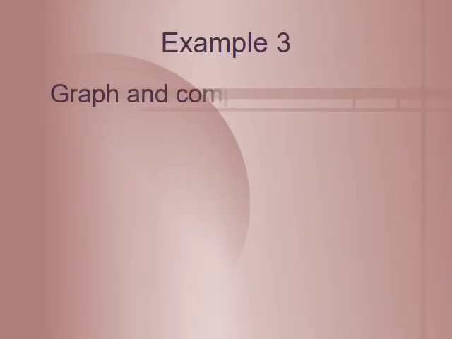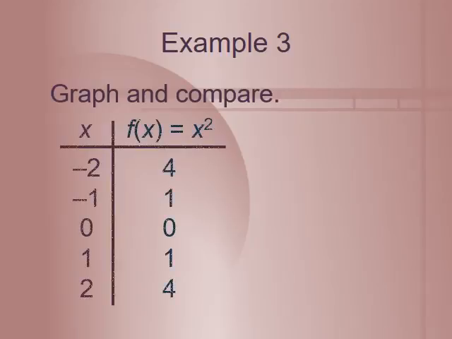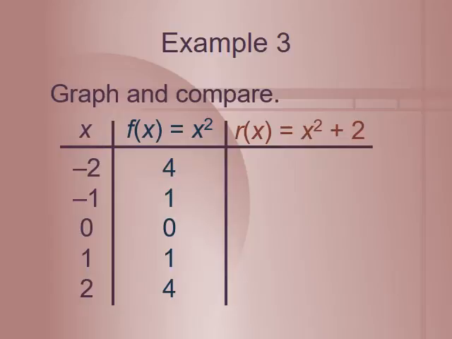Okay, so let's graph some parabolas and compare them. So we have our x squared and we have x squared plus 2. Let's see how that changes. Notice that each of these numbers is 2 more than the original numbers of the original equation.